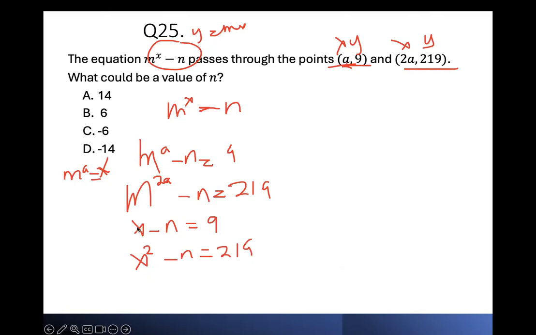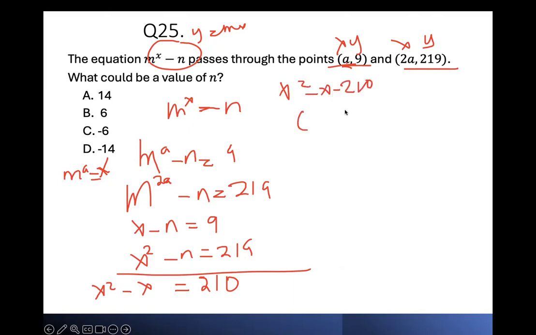Subtract this from that. You're going to have x squared minus x. The n is gone, and this will be 210. You see, now we get a quadratic equation that you're more comfortable with, right? This will become x squared minus x minus 210.